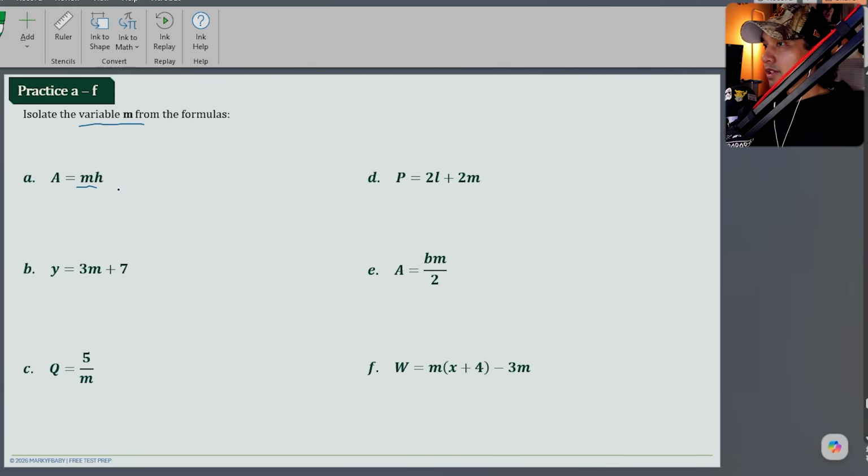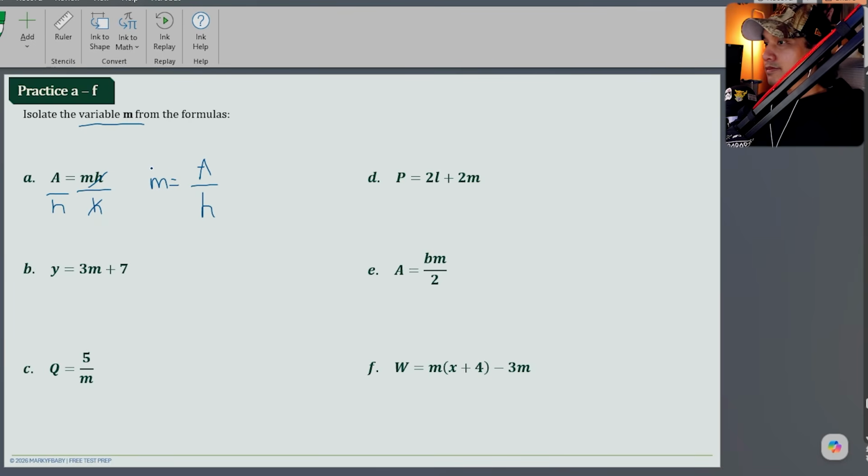All we're going to do is, since it's m times h, we just divide by h, which cancels out this h on this side, and then we're left with m equals a over h. Simple, easy. This m equals a over h is the same as a over h equals m. I just like to write it with the target variable on the left side.